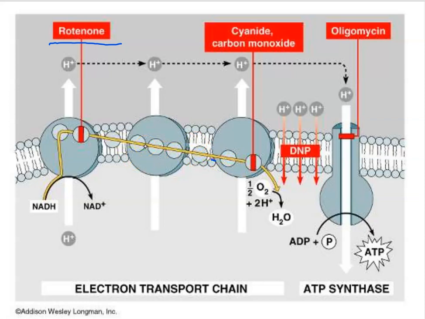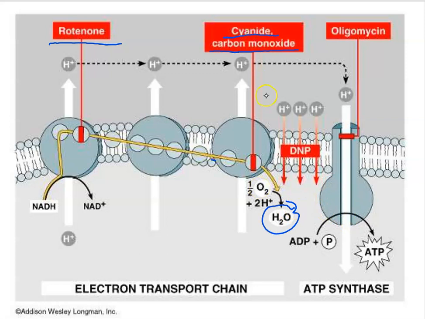You probably have heard of cyanide being very toxic, or carbon monoxide. Basically, both of these molecules take the spot where the oxygen should work as the final electron acceptor and accept the electrons that have released their energy, plus the low energy hydrogen ions that release their energy by going through the ATP synthase molecule, and so we're making H2O here, water, metabolic water.